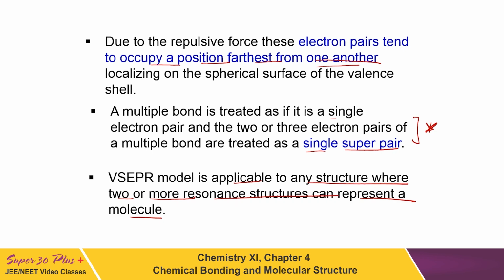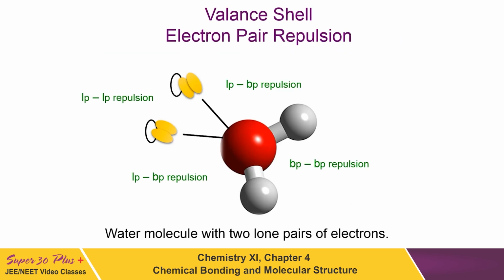Alright. So what is the next example? In the VSEPR theory, see, this yellow color is a lone pair. This is also another lone pair. And this one is a bond pair. So what kind of repulsion is there between them? It is bond pair repulsion. And what kind of repulsion is there between the lone pairs?